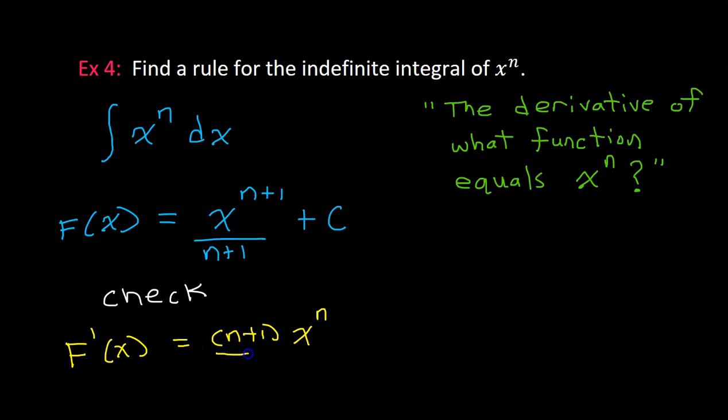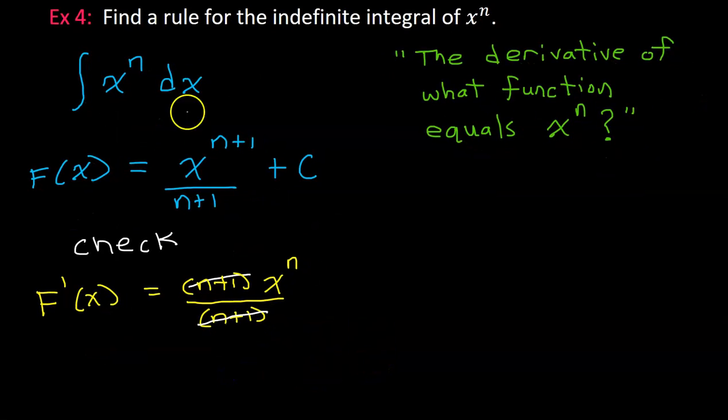However, because I have this extra n plus 1 in the denominator, that's still there. So now that extra n plus 1 does cancel out the n plus 1 that's in the front. So that is in fact going to leave me with x to the n power. So this is the antiderivative.